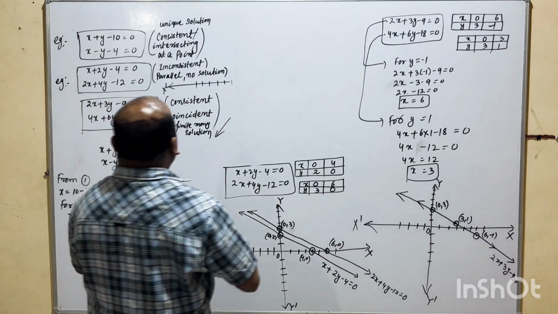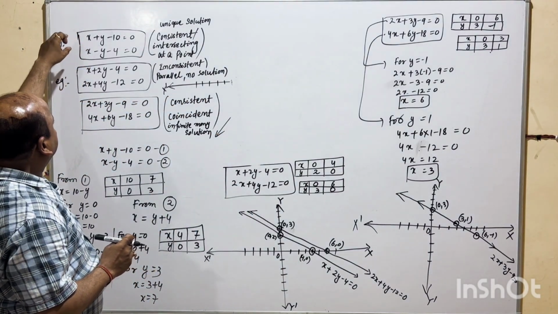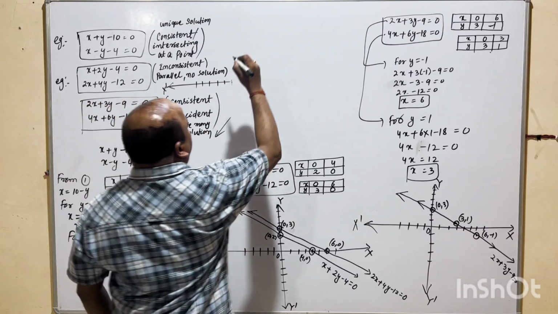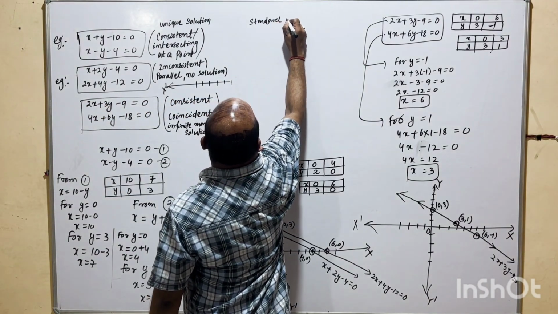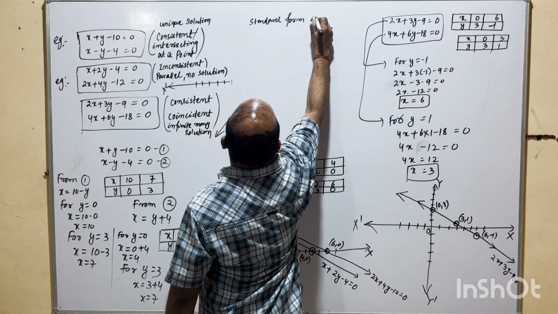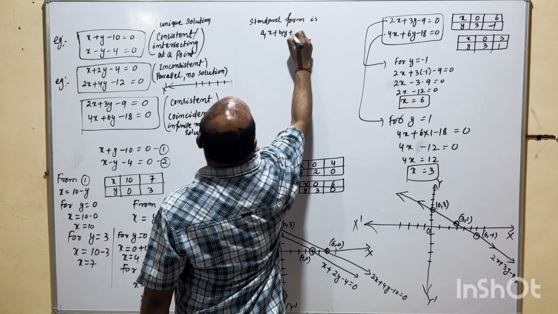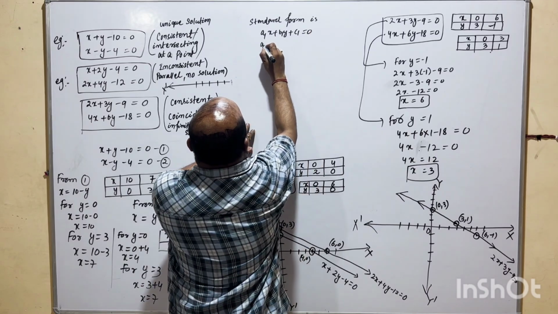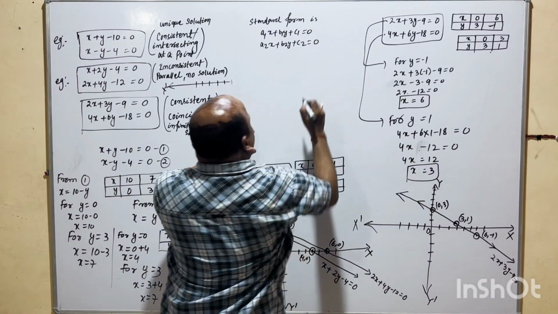So I am writing the standard form of this pair of linear equations in two variables. The standard form is a1x plus b1y plus c1 equal to 0, a2x plus b2y plus c2 equal to 0.